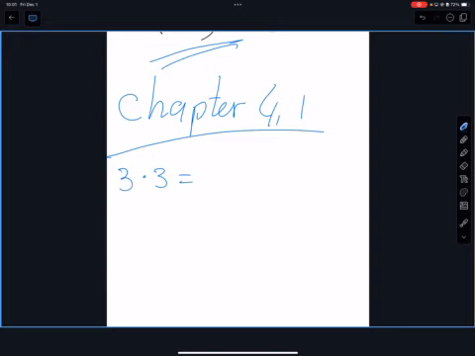I do not want the answer. I want the answer giving an exponent. And what is an exponent? To the power of something. This becomes 3 to the power of 2. And in turn, that becomes 9.